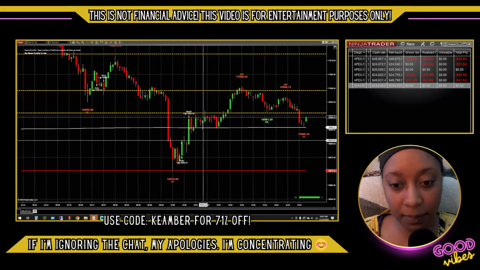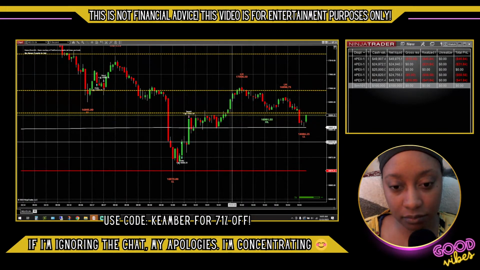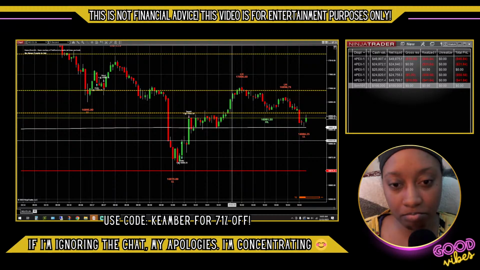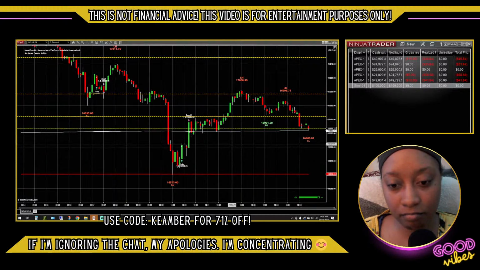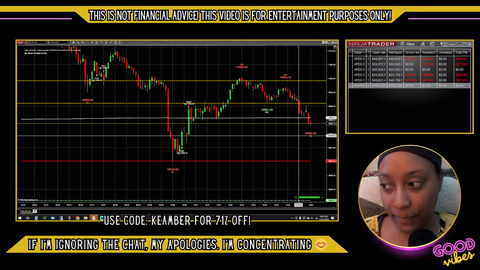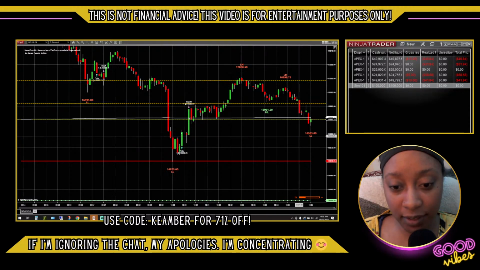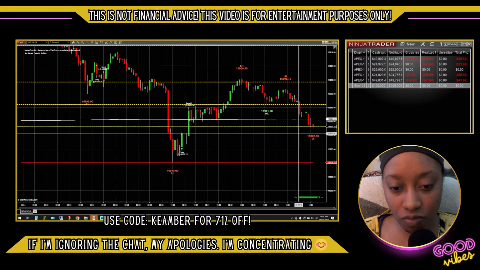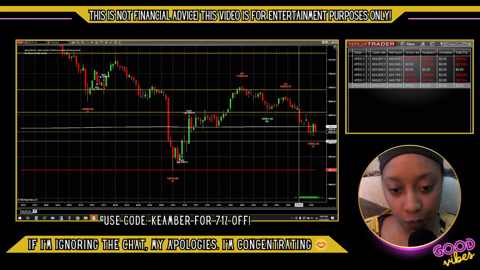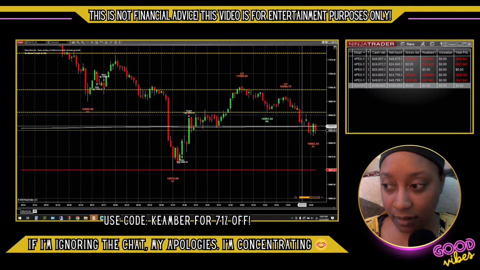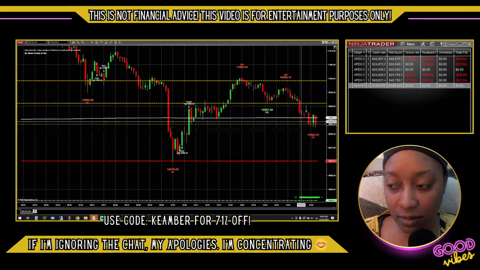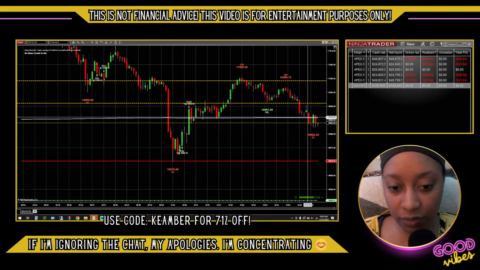My head is banging. You can see we pushed off the major level down. Back at the mid VWAP level, the white line is the mid VWAP, and it's the order flow VWAP from the native one in NinjaTrader.